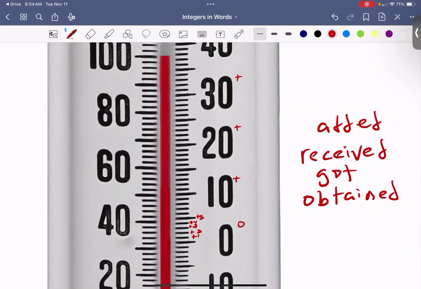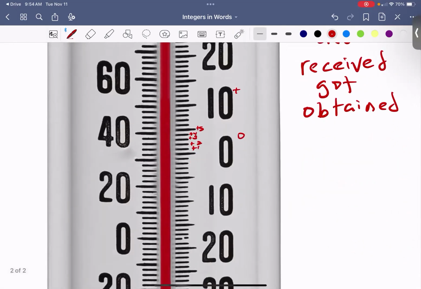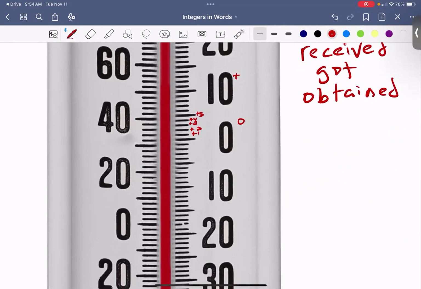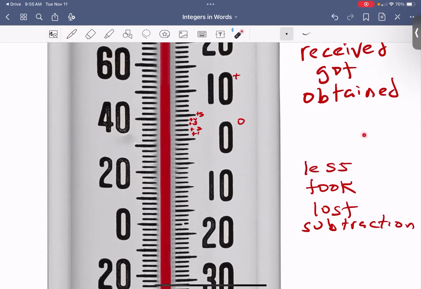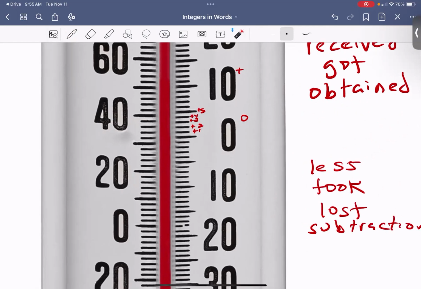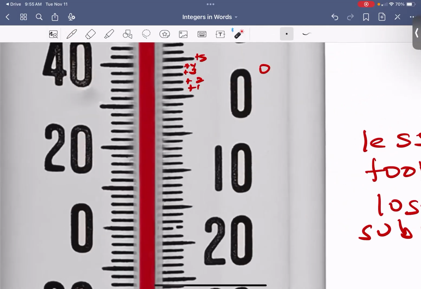Now, there are going to be words in math problems like less, took, lost. These are all subtraction words or minus words. So when you see these types of words, they're talking about a negative number. All the numbers below 0 are negative.